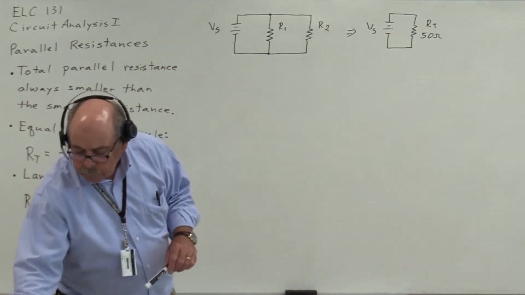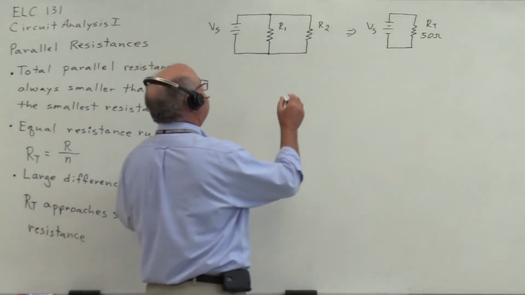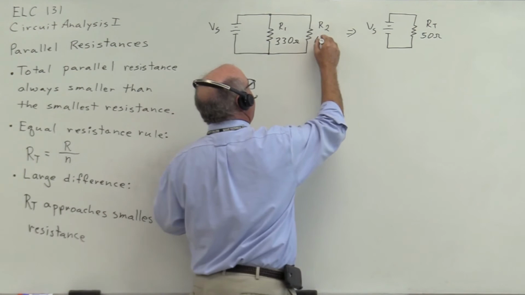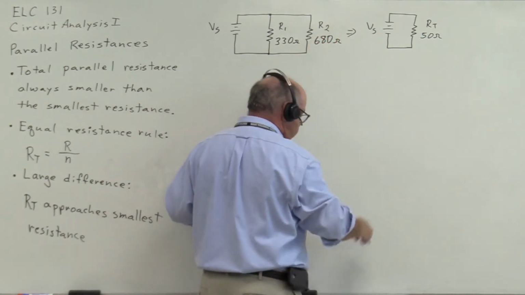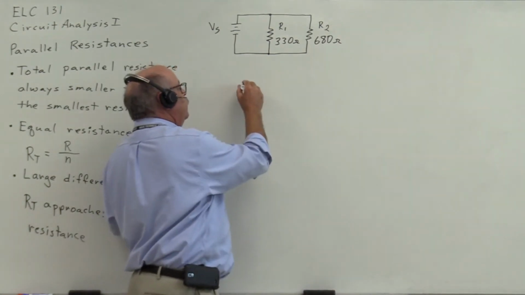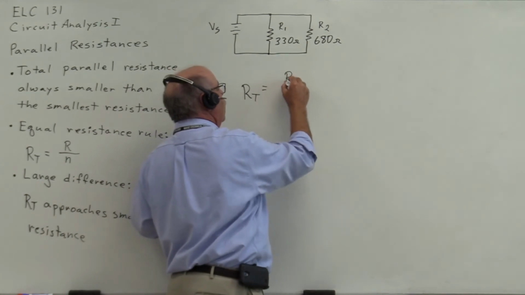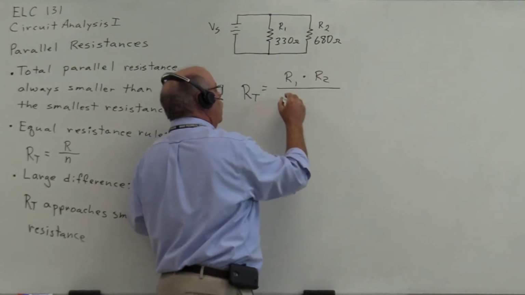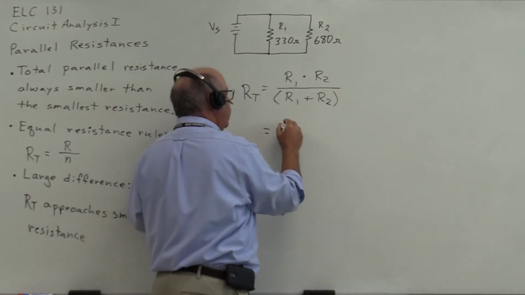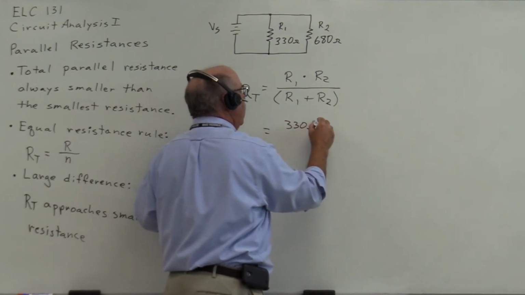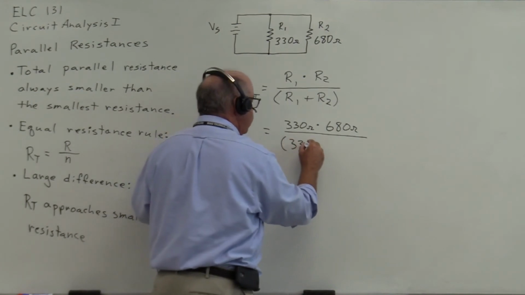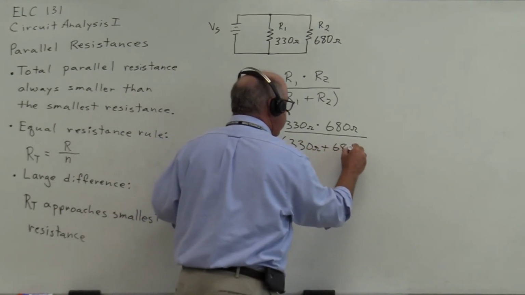For example, if we have two resistors connected in parallel, 330 ohms and 680 ohms, then using the product over sum, our total would equal R1 times R2 over R1 plus R2, which would be 330 ohms times 680 ohms divided by 330 ohms plus 680 ohms.